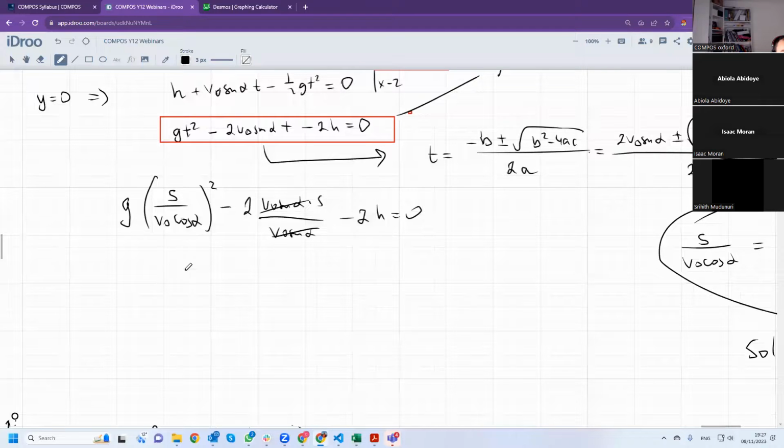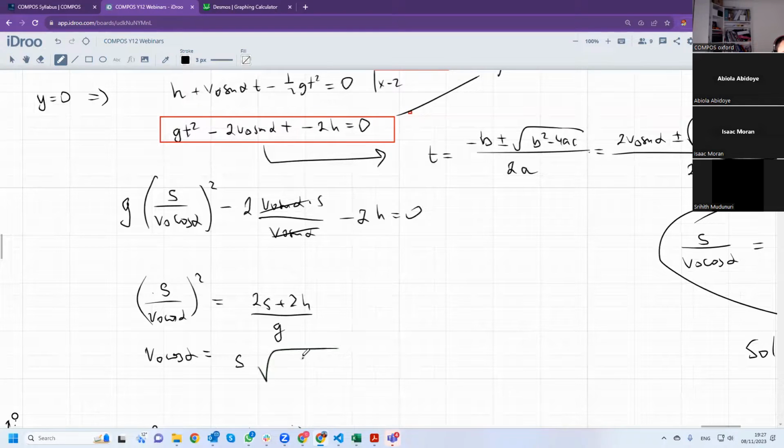So this cancels and you get 2s minus 2h. So s over v0 cos alpha, squared, is equal to 2s plus 2h, divided by g. So v0 cos alpha equals s multiplied by the square root of g divided by 2s plus h.